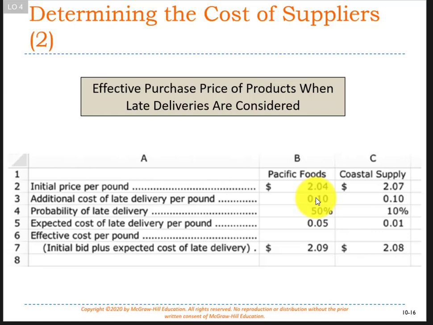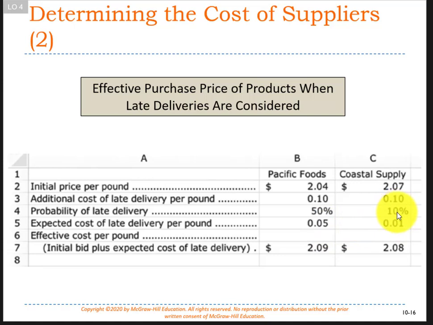That activity is deemed to cost 10 cents per pound. And so Pacific does that 50% of the time, and Coastal Supply does it 10% of the time. So 10 cents, 50% of the time, is 5 cents for the whole thing.